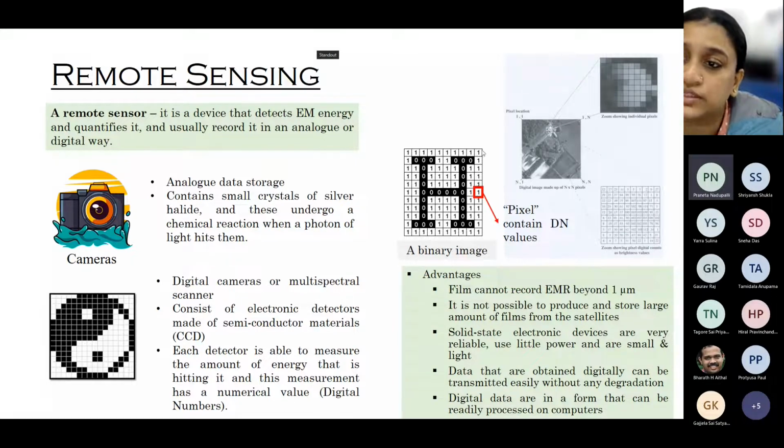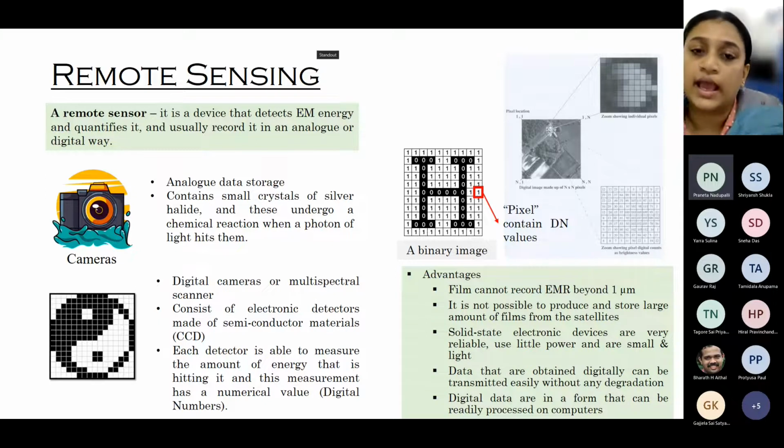This way of capturing images, the digital image, has superseded the film type of image capture. It is because film cannot capture EMR beyond 1 micrometer, which is in the microwave zone, and it is not possible to produce and store large amounts of film from a satellite. Also, solid state devices are electronic, very reliable, and use very little power.